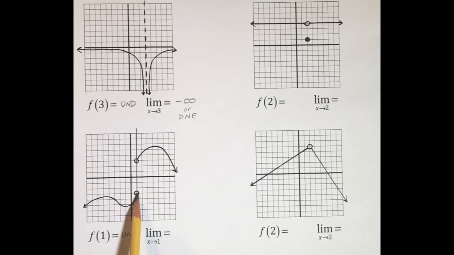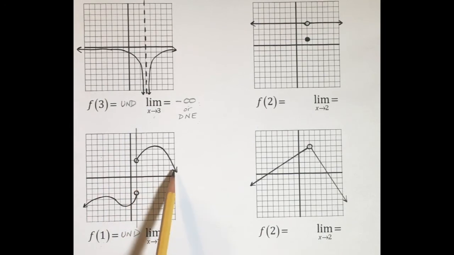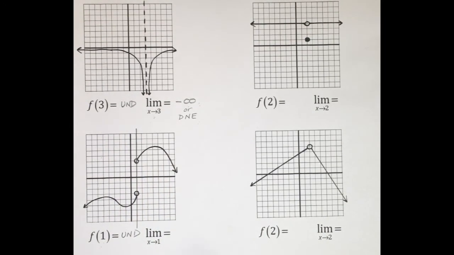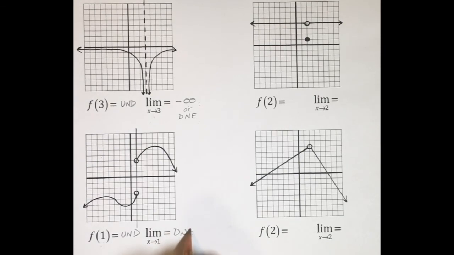I know it doesn't actually go through the point 1, negative 3, but it's headed towards it. As I approach that line from the right-hand side, the graph is headed towards the point 1, positive 3. The left-hand side is headed towards 1, negative 3. The right-hand side is headed towards 1, positive 3. They're not headed the same direction. This limit does not exist.